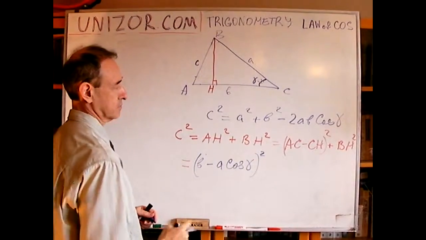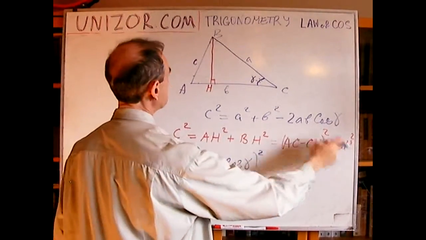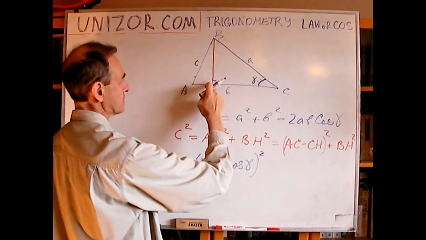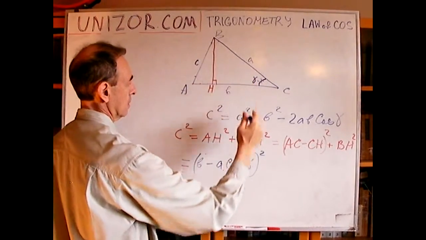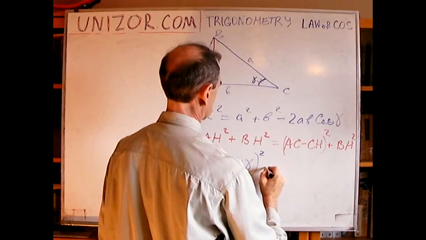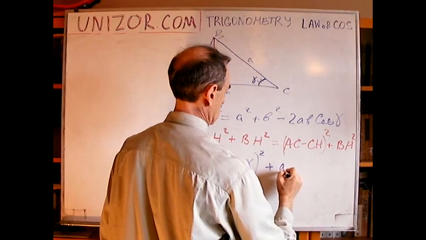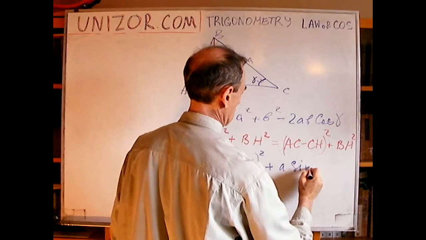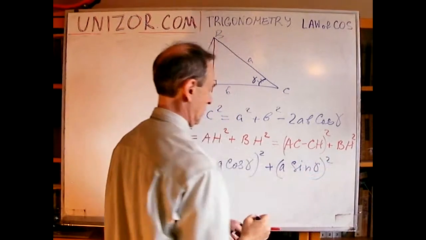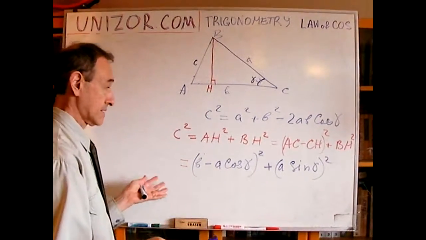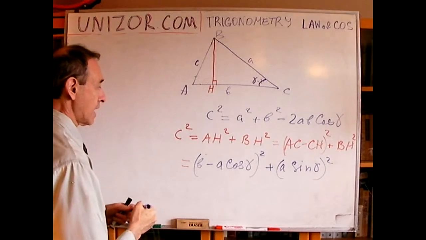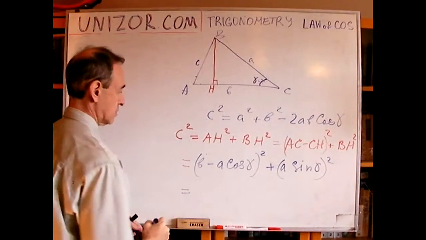That's what we have. What's BH? In the same triangle, BH is the cathetus opposite to gamma, so it's equal to the hypotenuse times sine. That's it. That's all the ingenuity which is required, because after that, it's just a technical thing.